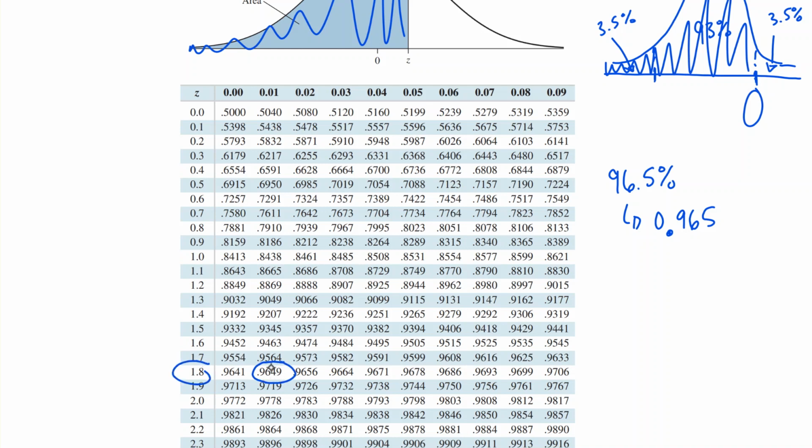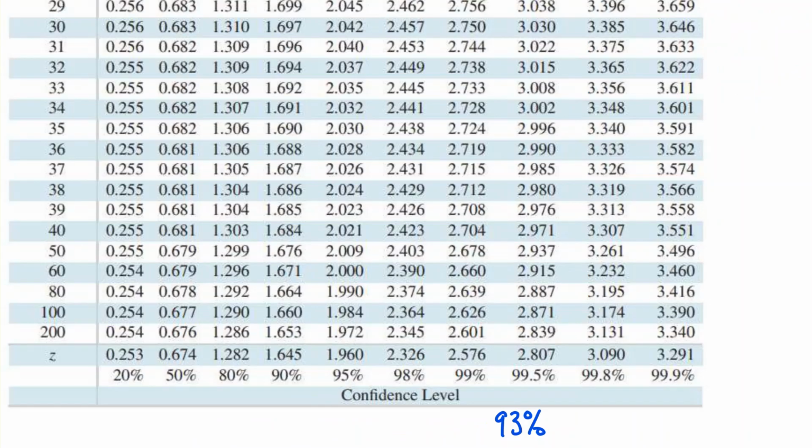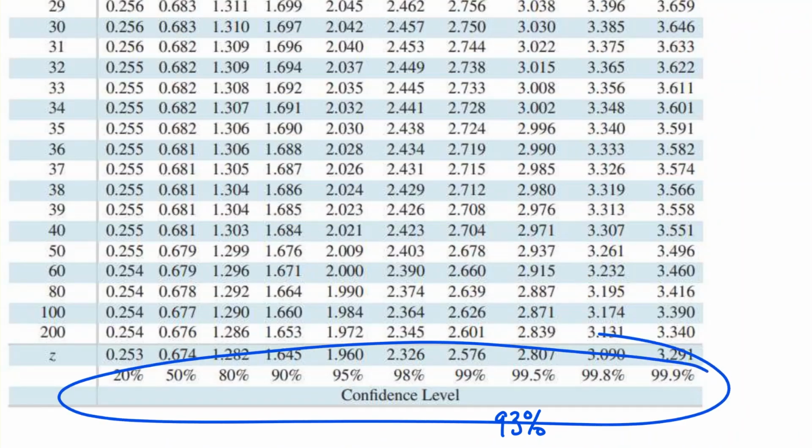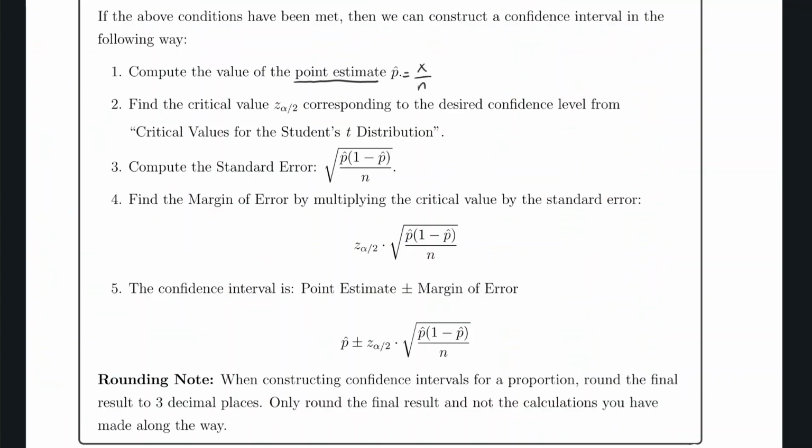That corresponds to a z-score of 1.81. So on the off chance your confidence level is not one of the ones listed here, you know the process of how you could find it using the other chart. Okay. So we find the critical value in one way or another.